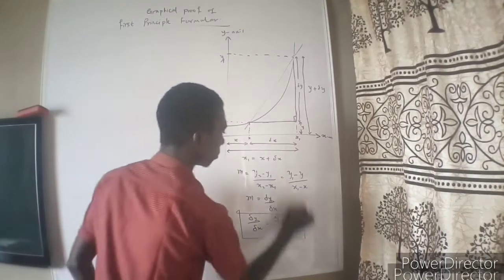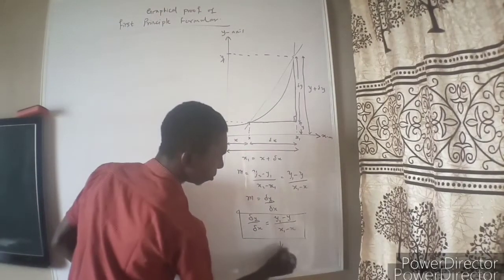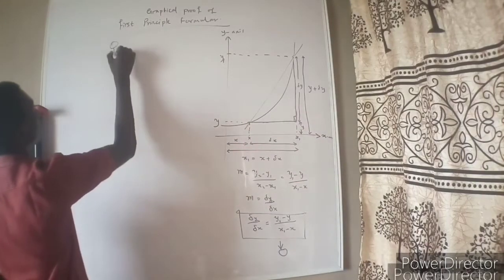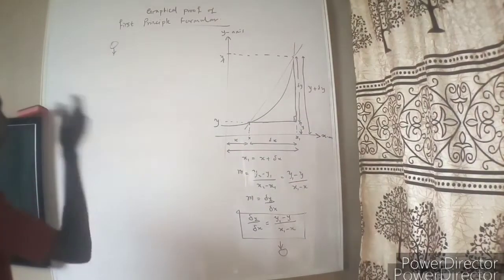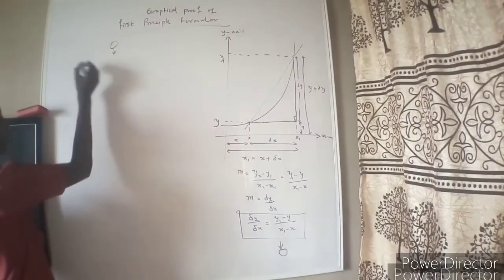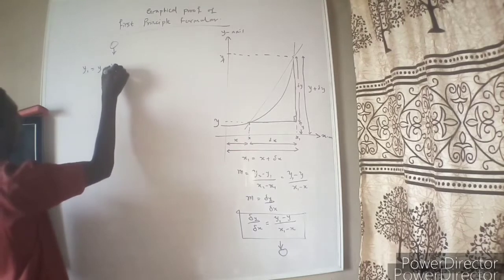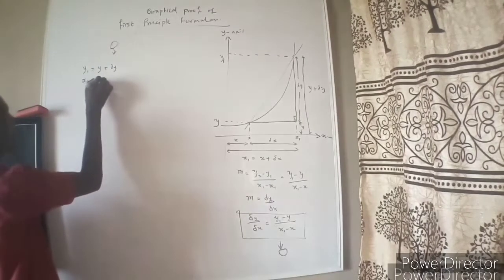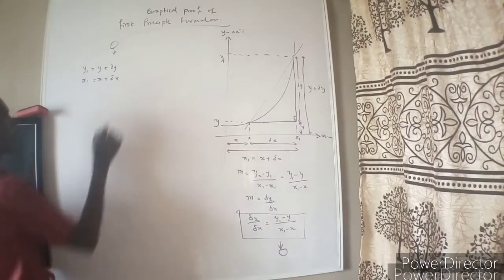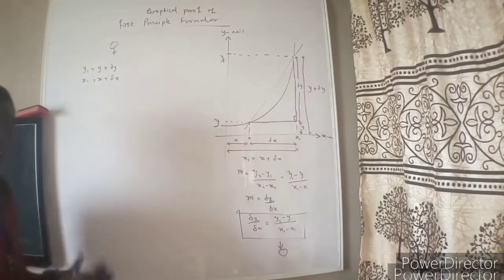This is where we are going. So now let's continue. Now from the graph, my y1 is equal to y plus delta y, and my x1 is equal to x plus delta x. Not necessarily y1, it can be x2, it can be y2.